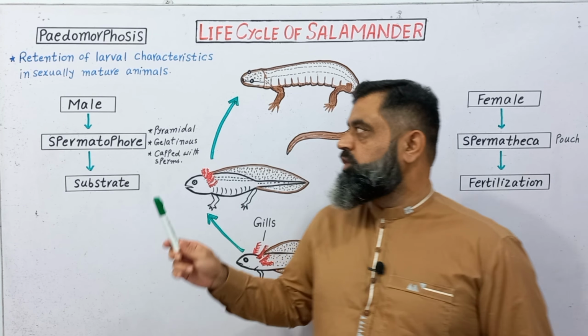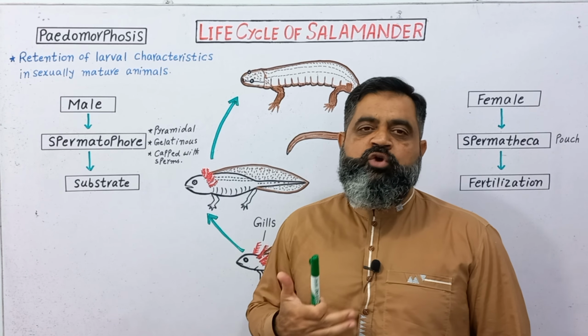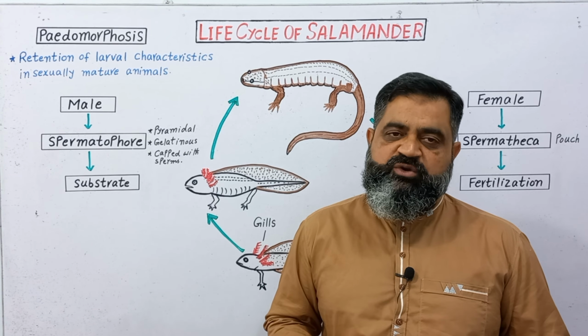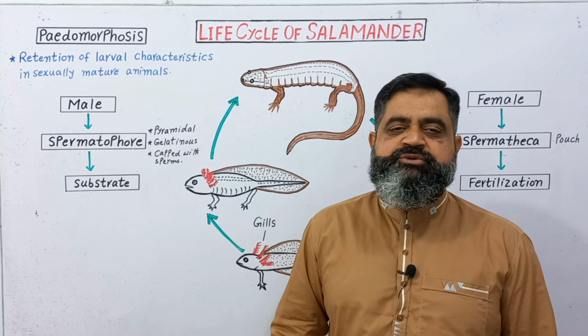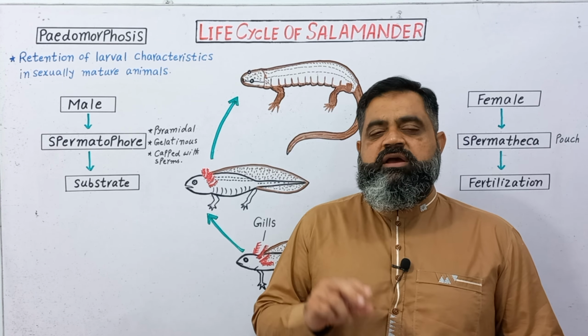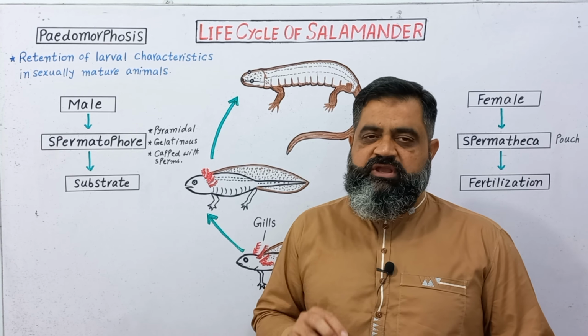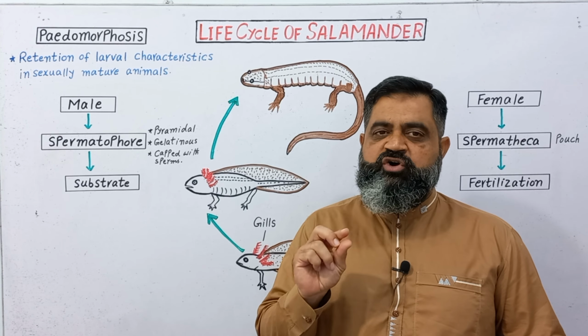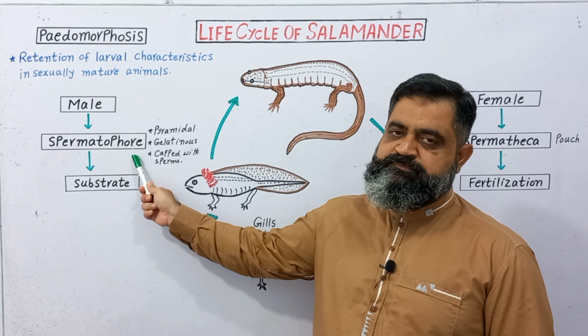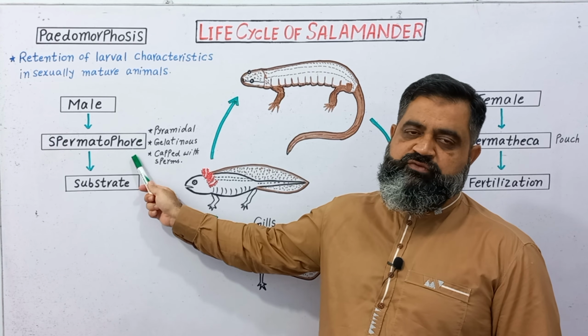So in the male body, there are male gonads which are known as testes, and during the process of spermatogenesis, sperms are produced in testes. After production, they are released from the body in the form of small vessel-like structures which are known as spermatophores. What are spermatophores?